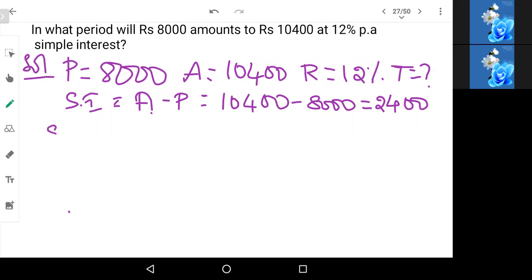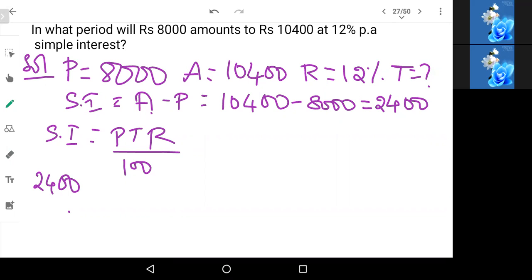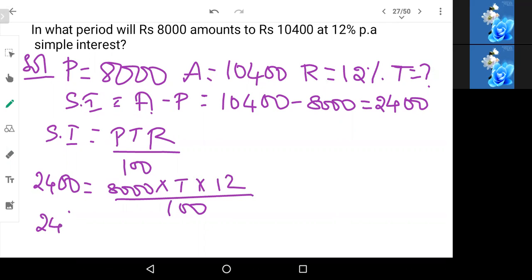Then use the simple interest formula. Yeah, 2,400. Say me the final time. Anybody got the answer?